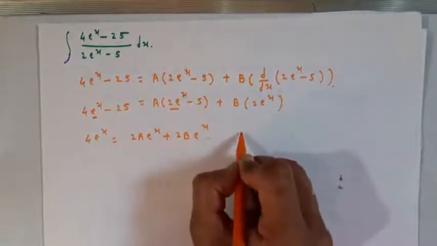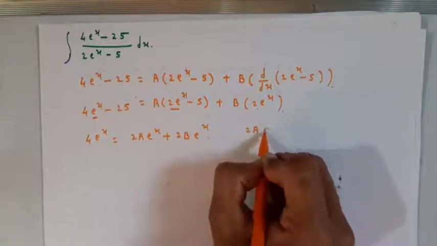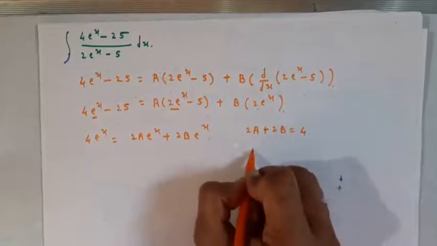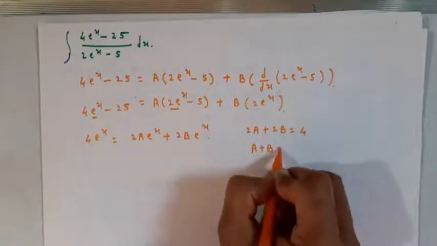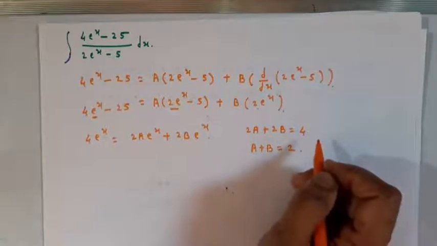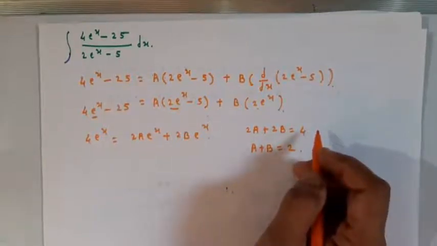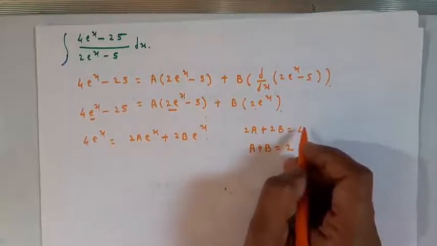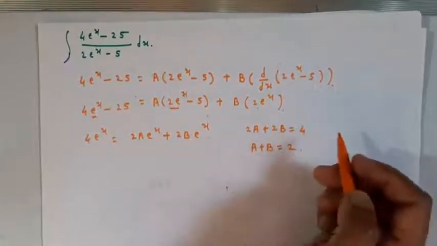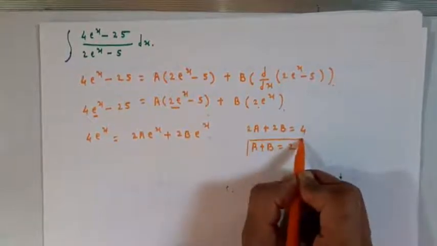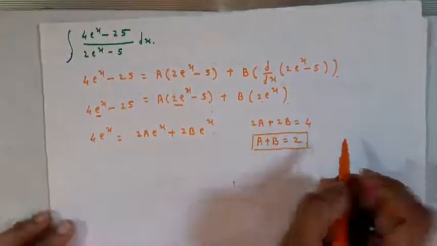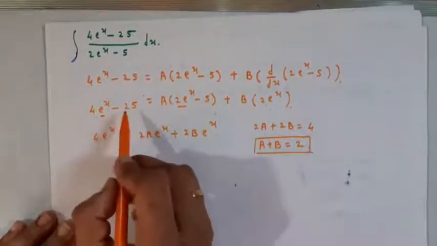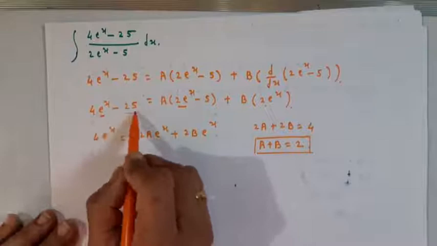You will get 2a plus 2b equal to 4. That means you will get the equation a plus b equal to 2. Okay students, the next is the constant term. Here there is no coefficient, only the constant term is there.